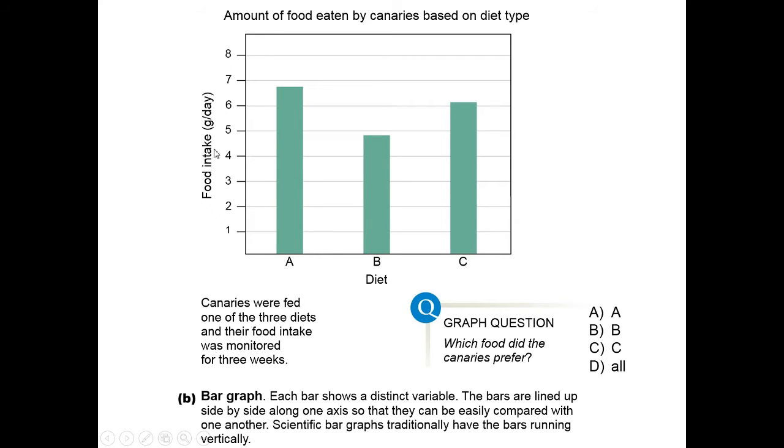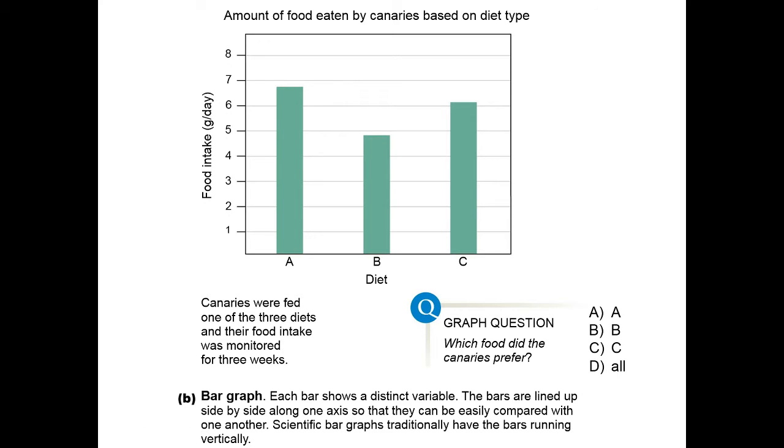So if we assume that food intake is a clear indication of preference, then yes, we can conclude that canaries prefer diet A. But what if diet A was low in nutrients and the canaries had to eat more of diet A in order to get more nutrients? Then in fact, it's not so much a preference as it is survival, that they need to eat more of diet A if there's not enough nutrients.